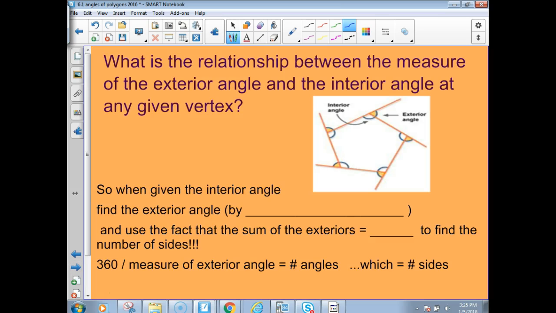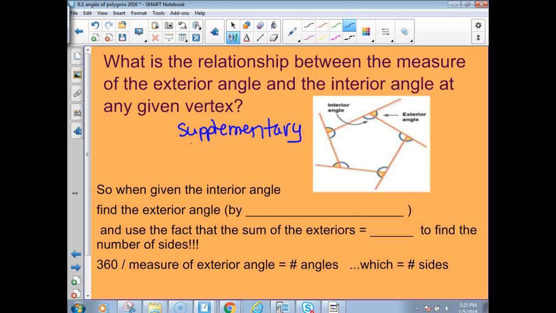All right, this is important. What's the relationship between the measure of the exterior angle and the interior angle? They are supplementary. Oh, my pen just froze. The word I was writing is coming. Supplementary.